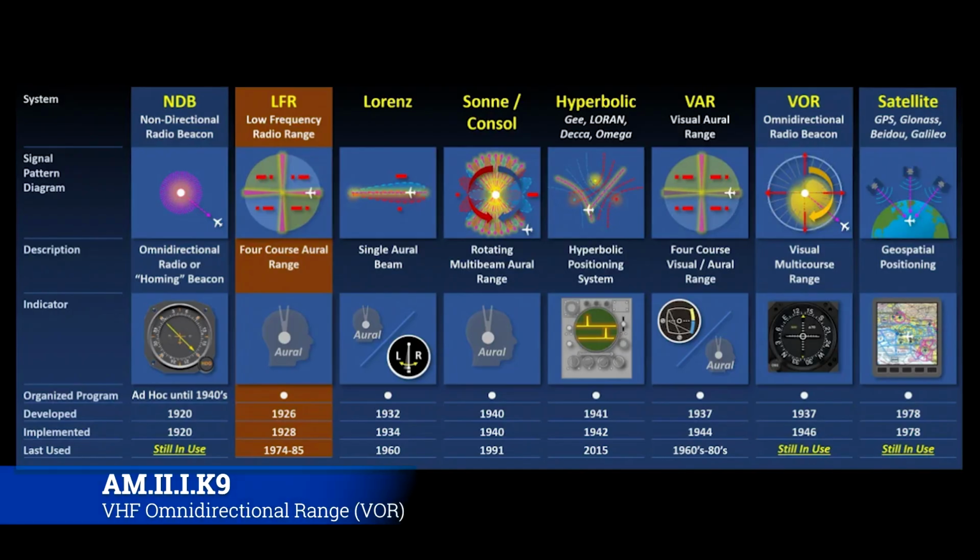All right, so as you look at the timeline, you get into this frenzy of innovation. We start off with ADS in the 1920s, and the next thing we go to is the low frequency radio range. But it only really lasts until the mid 80s or so. We won't go into those because you simply won't see them anymore.